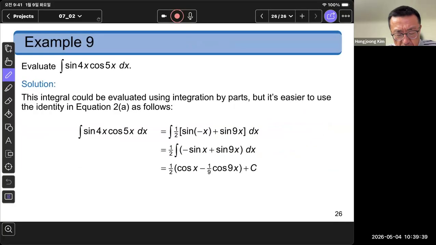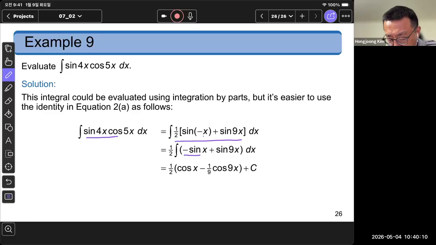As an example, if I have the integral of sine 4x times cosine 5x, we can use the formula to rewrite this integrand by this one. And sine is an odd function, so sine of negative x can be written as negative sine x.